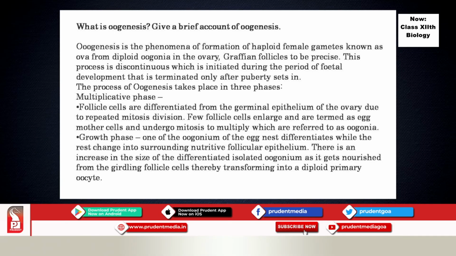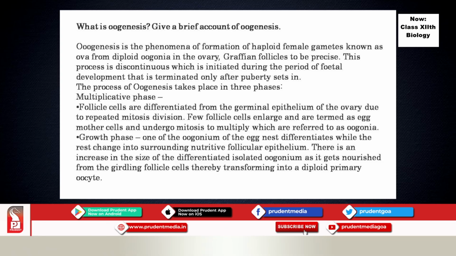Important, what is oogenesis? Okay, a brief account on oogenesis, right from the fetal stage, how the oocytes are formed, how it gets arrested, at which stage, the meiosis 1, the meiosis 2. So everything is included.